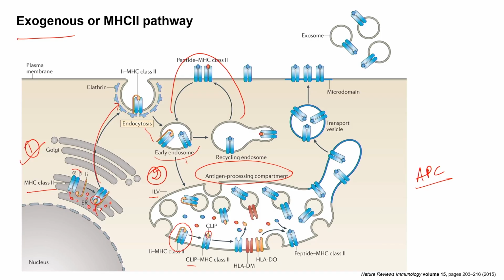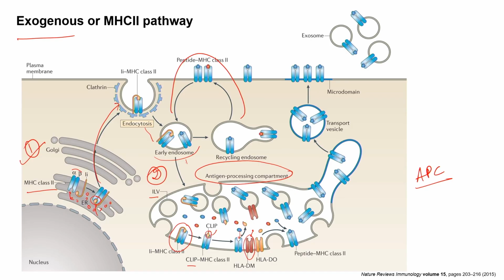Once there is an antigen entry, the CLIP molecules are removed by a very specific protein called HLA-DM. HLA-DM is another protein in the vesicle which can remove the CLIP and load the antigen properly.